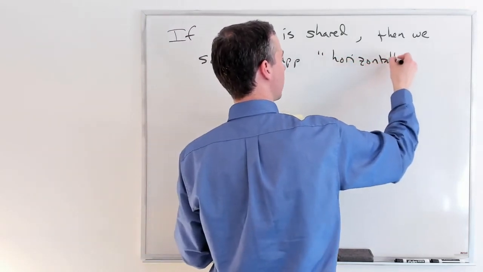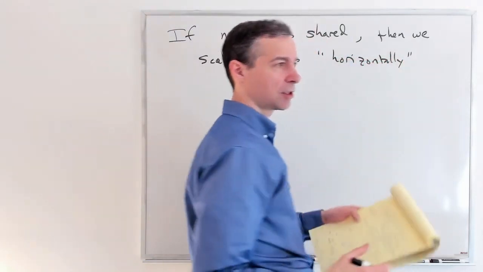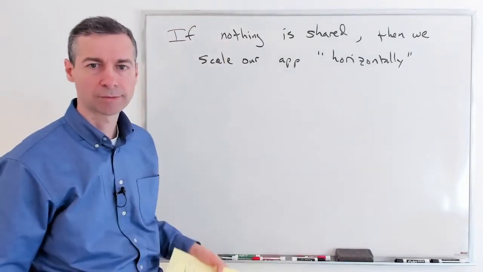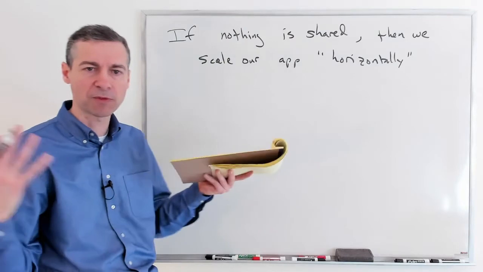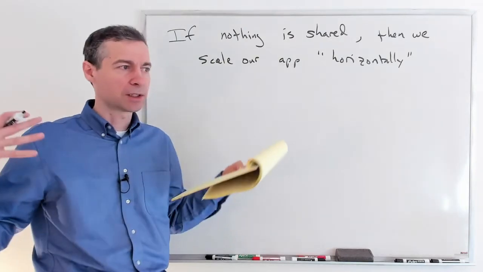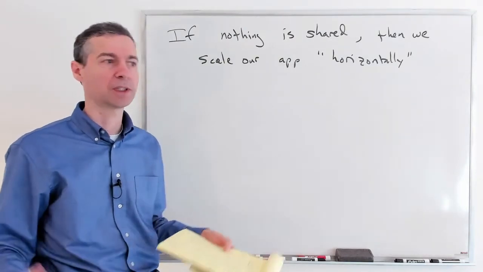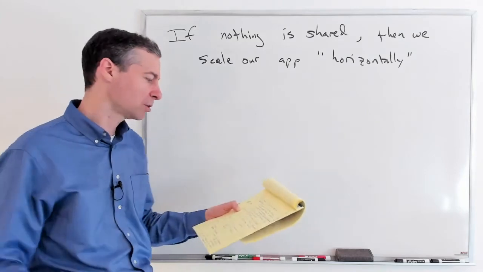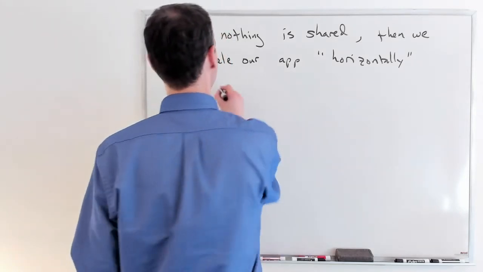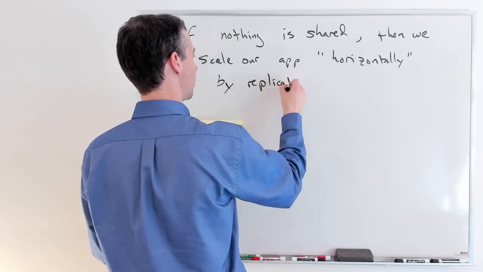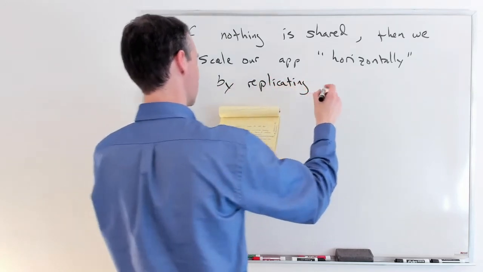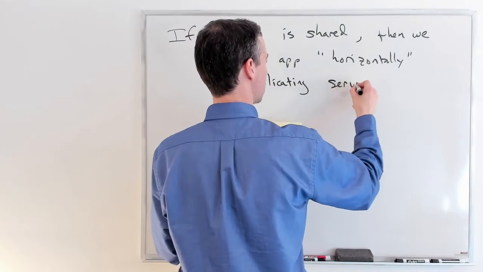To vertically scale an app basically means let's use a bigger machine. Let's use more memory, more processors, or a faster processor. Let's scale it up vertically. Horizontally actually means, in most cases, replicating resources. So in our case, we're replicating servers.